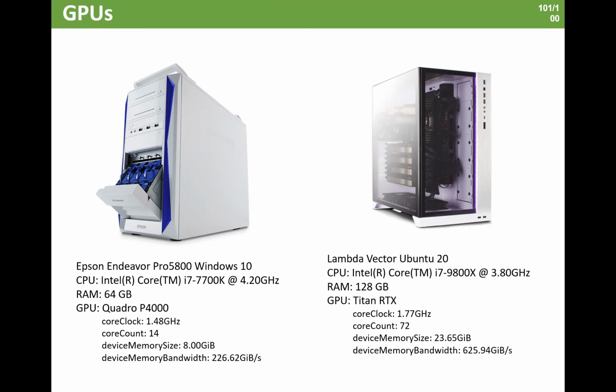Of course faster is better, but if you don't have enough RAM, it won't run at all. Okay, that's GPUs. And also there are web services. For example, Amazon has a web service. The problem with buying a computer like this is that after a year or two, it's already obsolete.